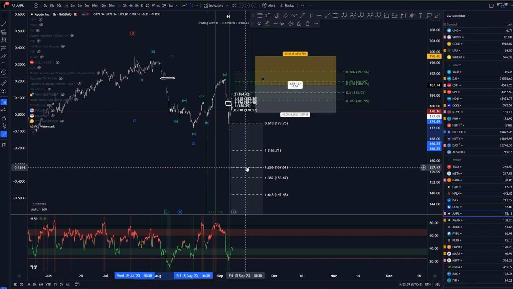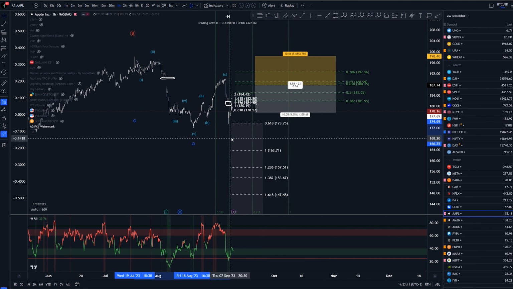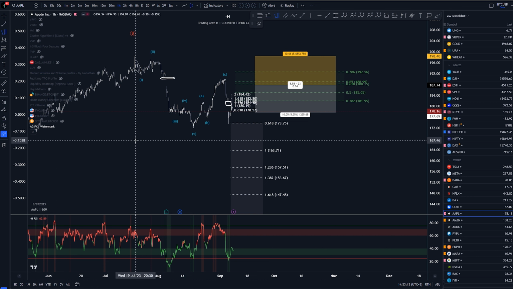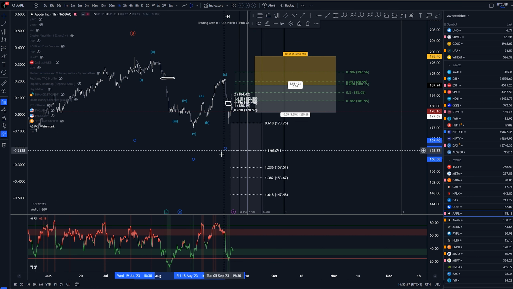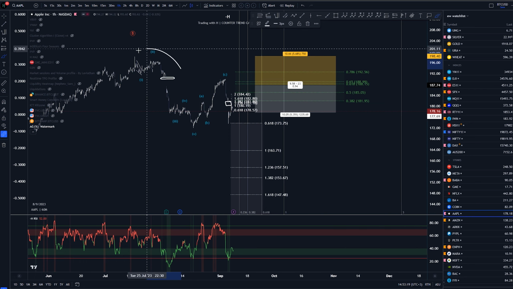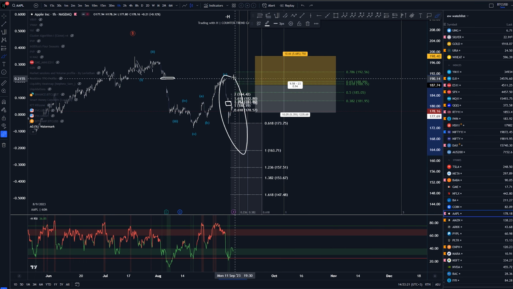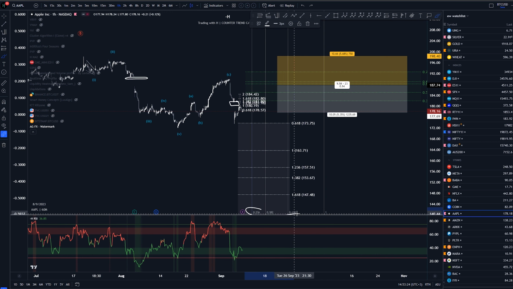What else? Comparing the first structure over to this one, you can see that we are nowhere close to the minimums that I basically have.